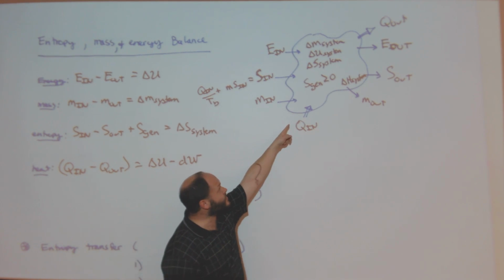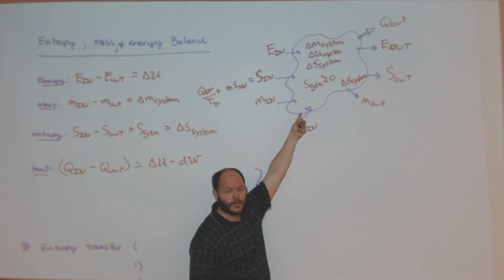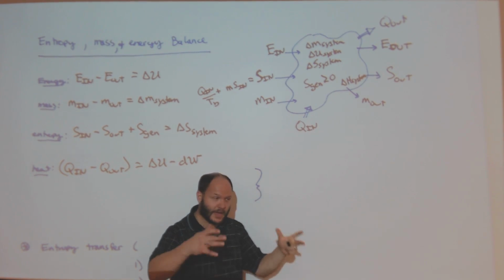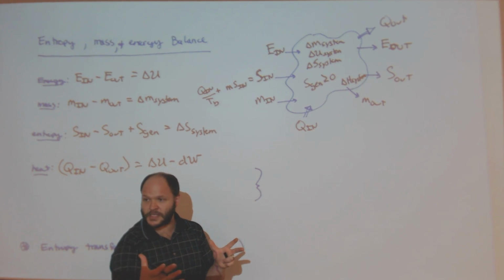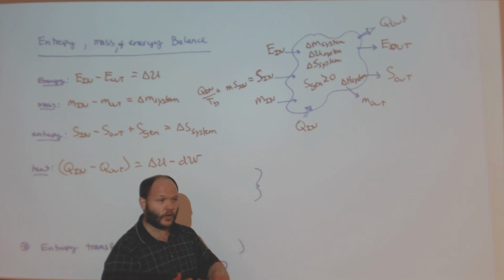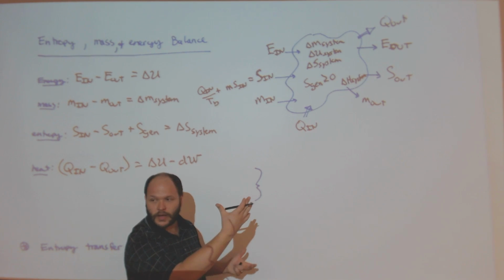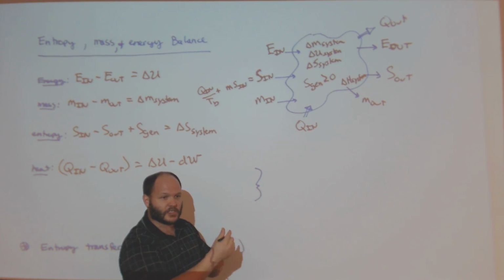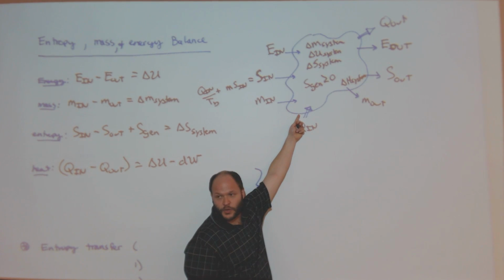So if I know my system is a stainless steel cylinder filled with air, and I know the temperature of my air inside and the stainless steel, I can look up what the entropy is at a given state. I go look up in some alloy handbook, and it tells me the entropy of stainless steel at a given temperature and pressure, per unit mass.